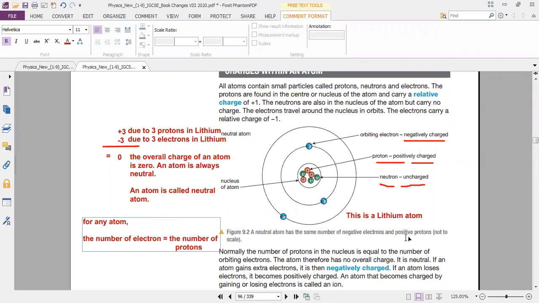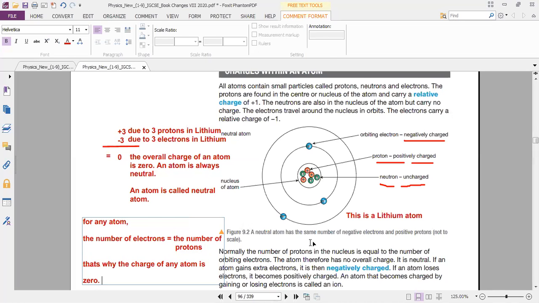Electron numbers and proton numbers are the same. That's why the charge of any atom is 0.